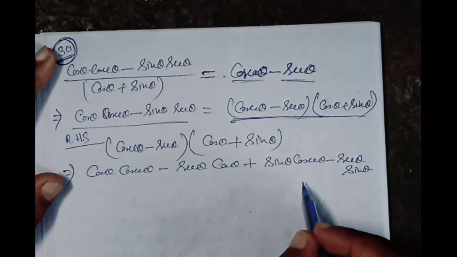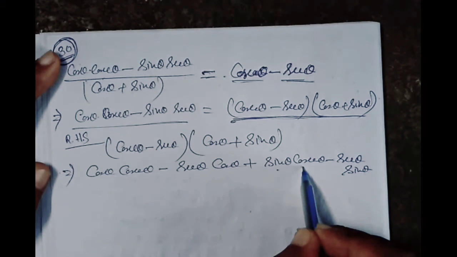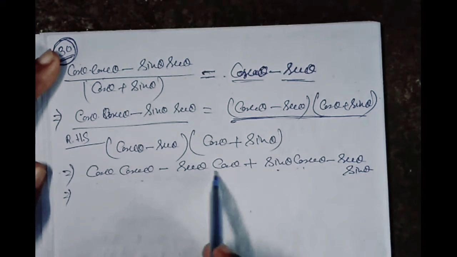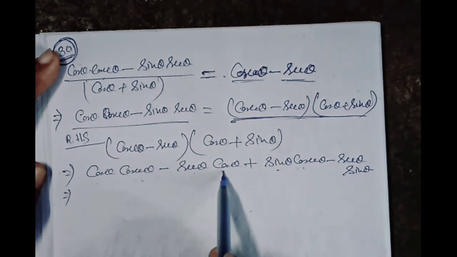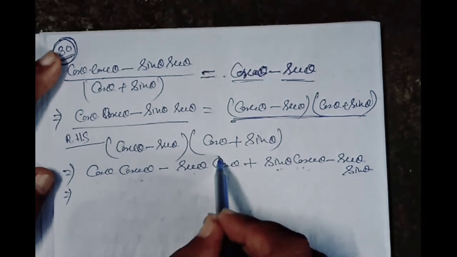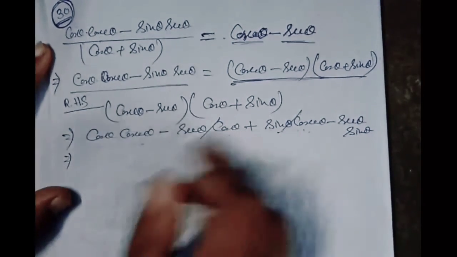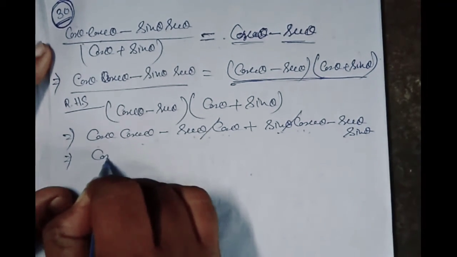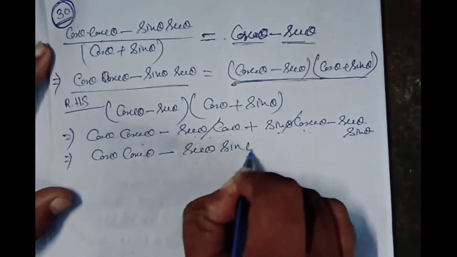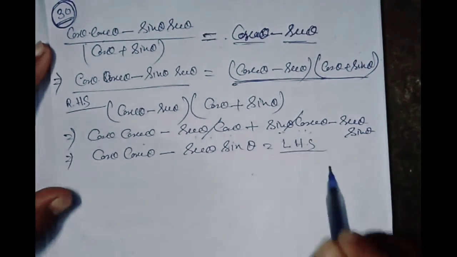Now sin theta cosec theta equals 1, and sec theta cos theta equals 1, so these can be cancelled out, obviously, by taking the values. So this is equal to cos theta cosec theta minus sec theta sin theta. So that's the LHS proved.